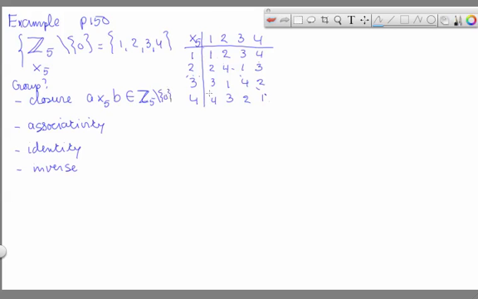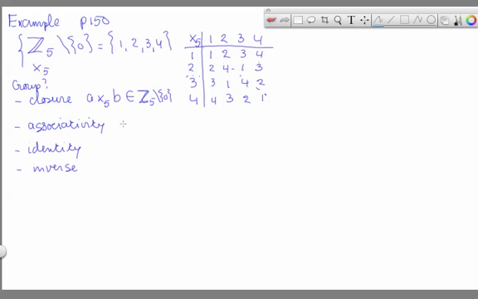And of course that's obvious, because all these numbers I see here are the numbers 1 to 4 without any exception. So all results are an element of this set I started out with.